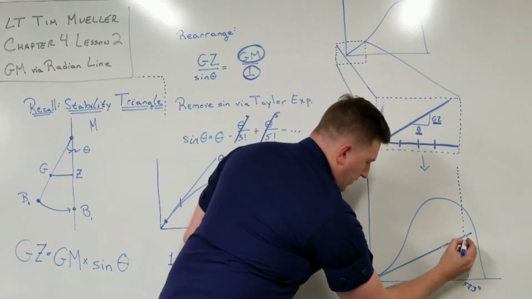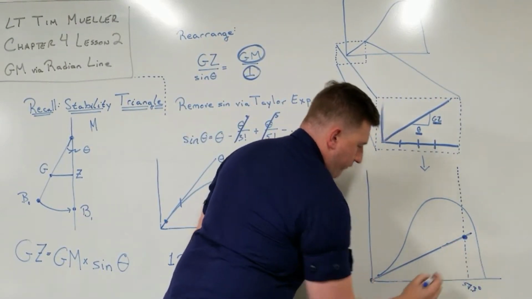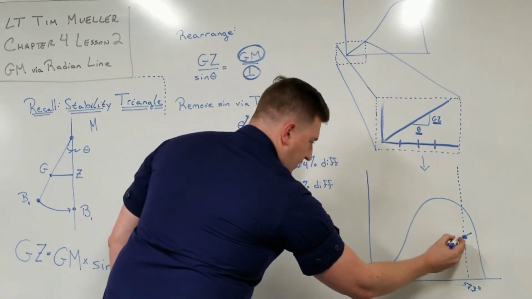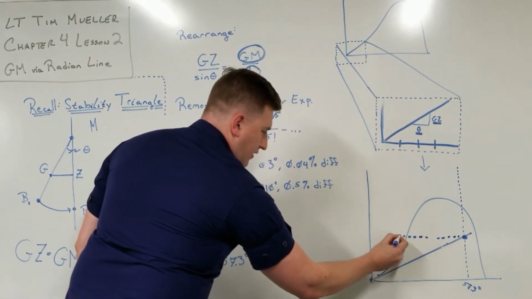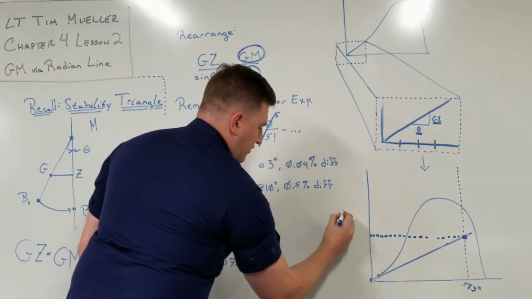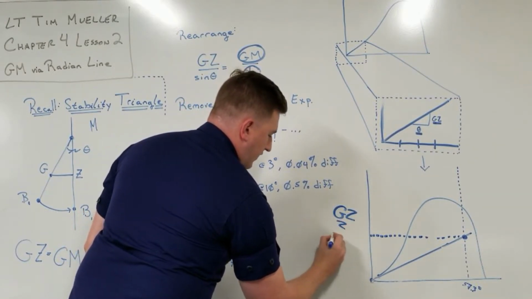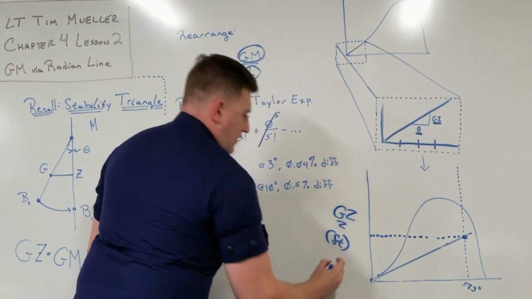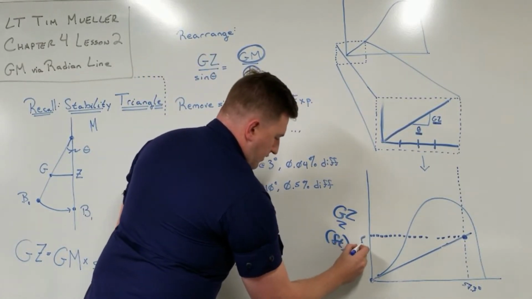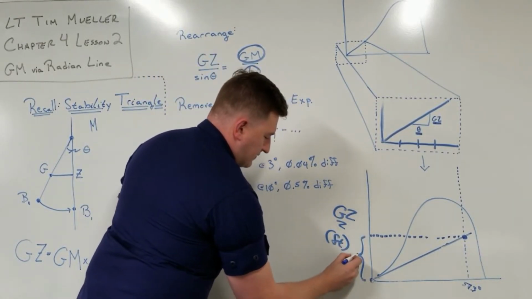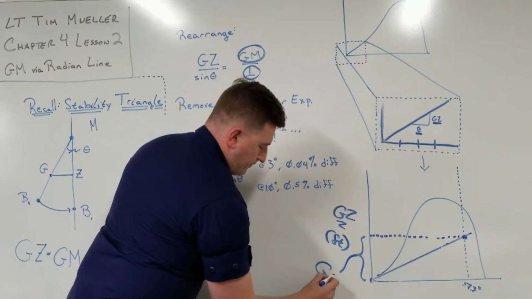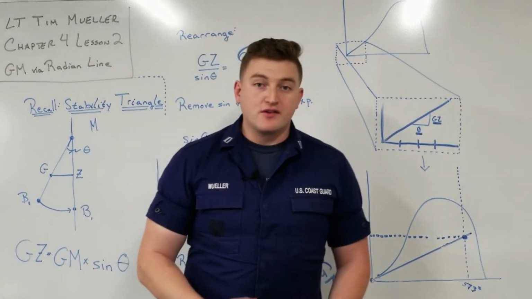So here we see that they cross right about here. You read that off of this axis, which is going to be your GZ in feet, and then that number that you read is going to be the GM of the vessel. It's going to be your metacentric height.